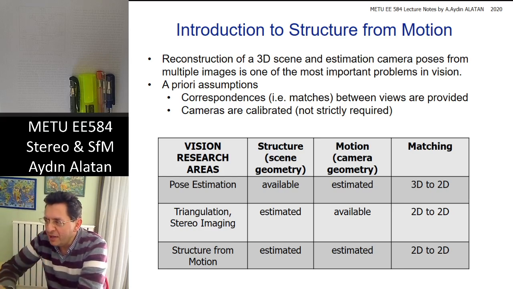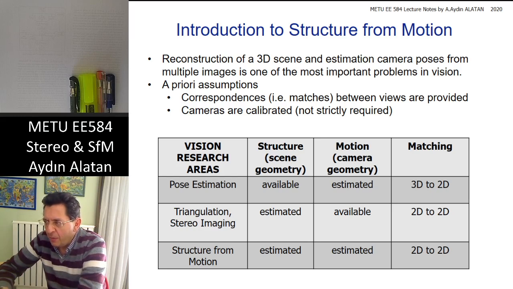One interesting thing here is that for the pose estimation problem, I'm going to assume a slightly different problem. I'm going to assume I have a known 3D structure in the scene, a model, a calibration pattern, any arbitrary object, but with known 3D geometry.